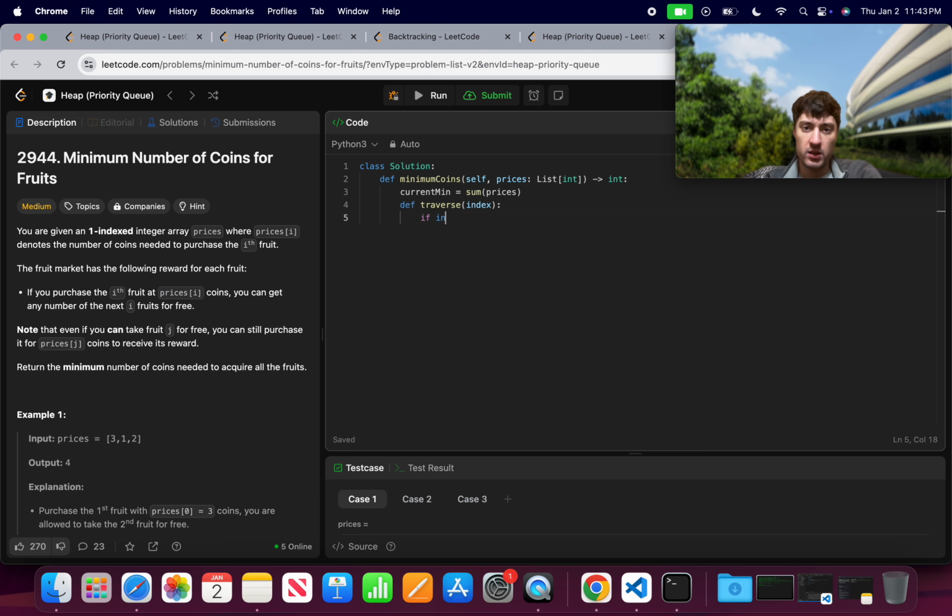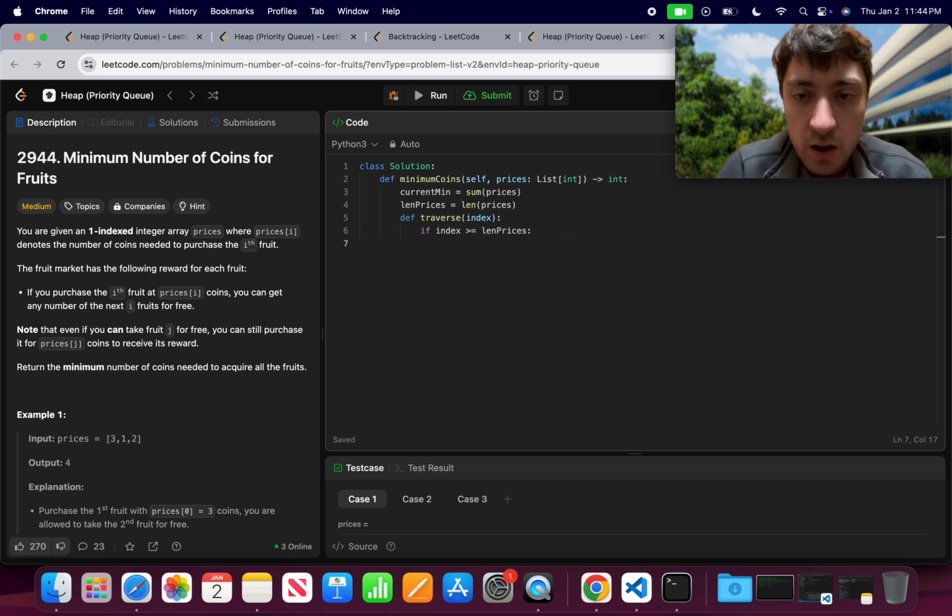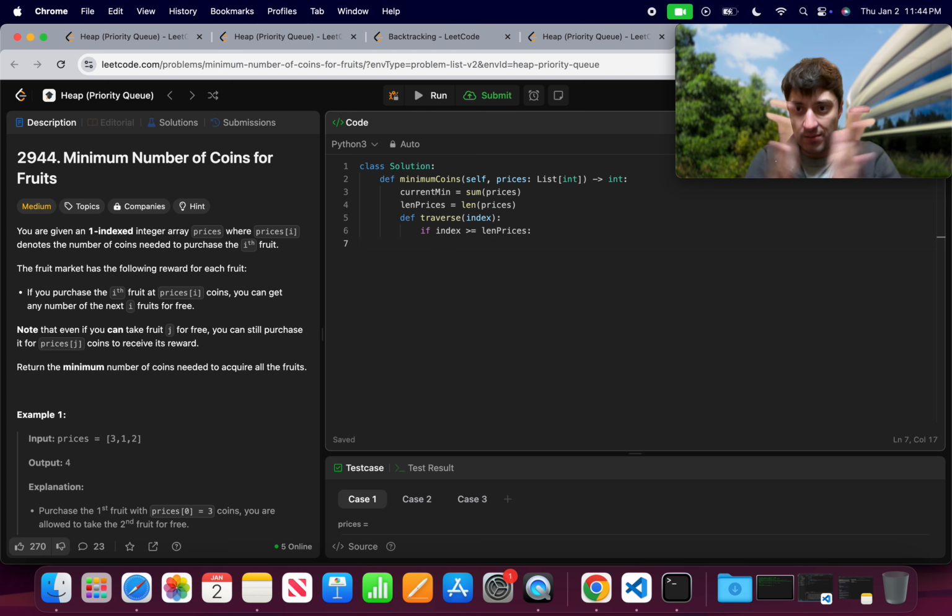So if index is greater than or equal to length of prices, and up here I get length of prices equals len(prices). If we've gone to the end of the index, that means we've gotten all fruits.